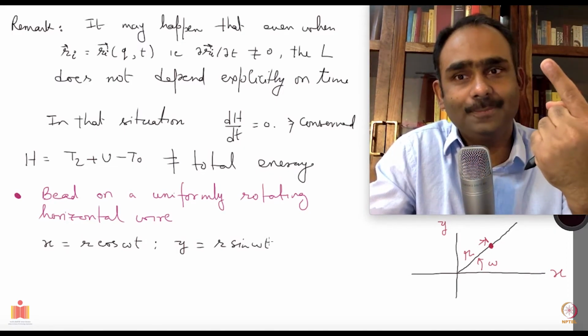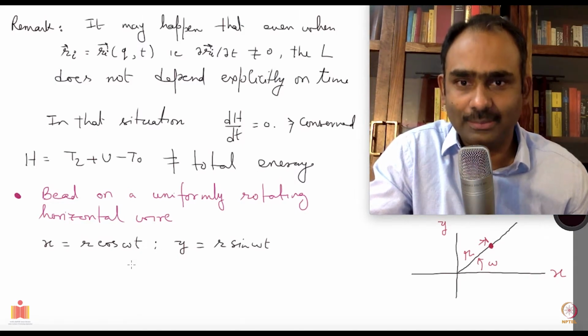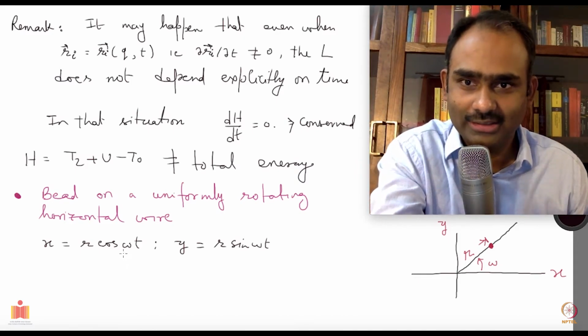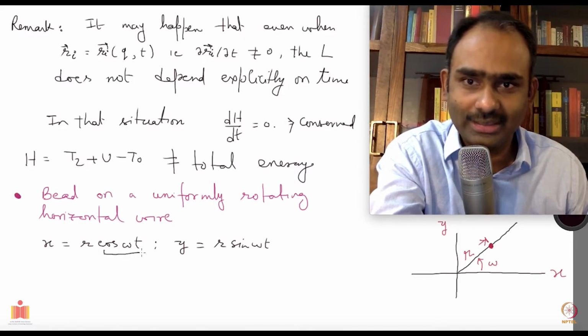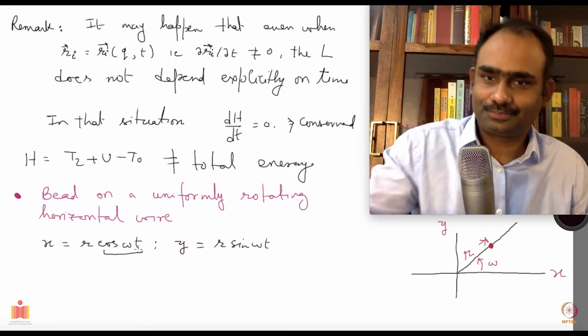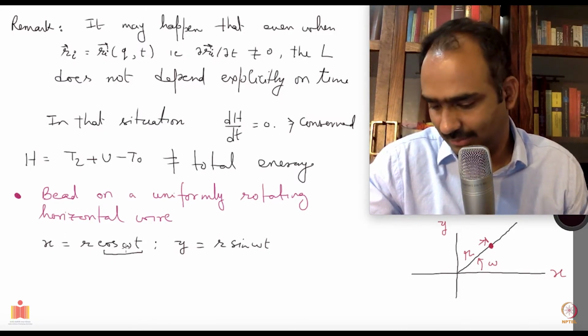So there is only one coordinate left, that is r. And you also notice that there is an explicit time dependence in the transformation from r to q, where q is r. You see here there is a factor cos omega t, so time is explicitly here. And of course there is an implicit time dependence here, r of t. So we have an explicit time dependence.